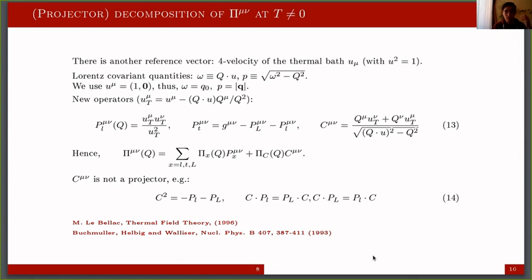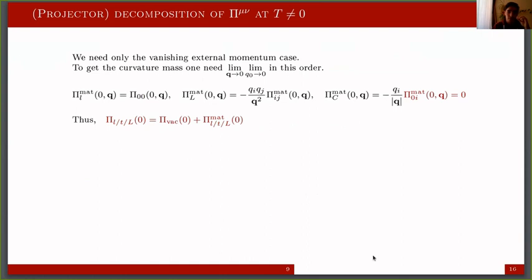And why is it important? Because at vanishing external momentum, we can show that the part proportional to this C operator is vanishing in our model. So we can get rid of it, and we only need the 4-longitudinal, 3-longitudinal and 3-transversal modes of the self-energy.